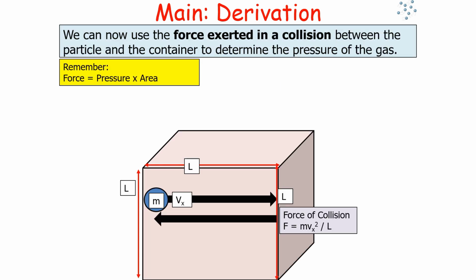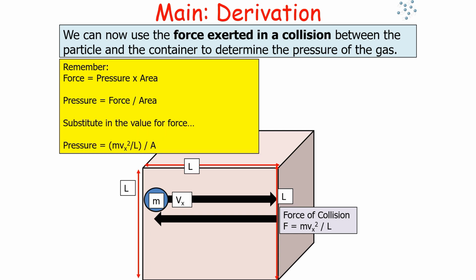So we can now use the force exerted in a collision between the particle and the container to determine the pressure of the gas. We've got our equation for force and we know that force is equal to pressure times area. So pressure is force over area. So we've now subbed in our value for force of mvx squared over L divided by the area.